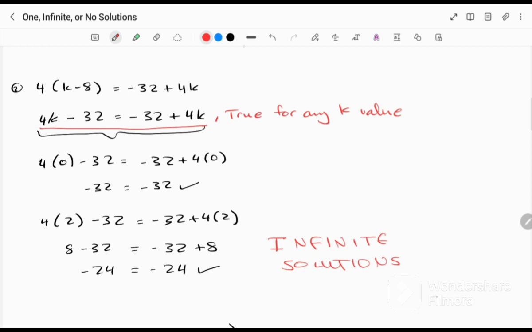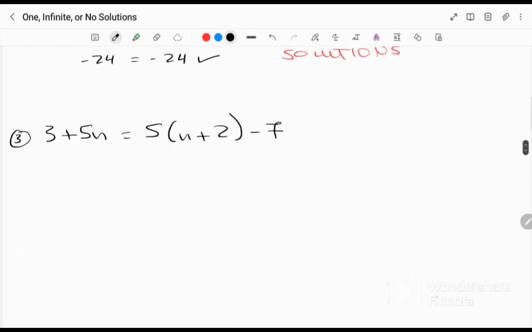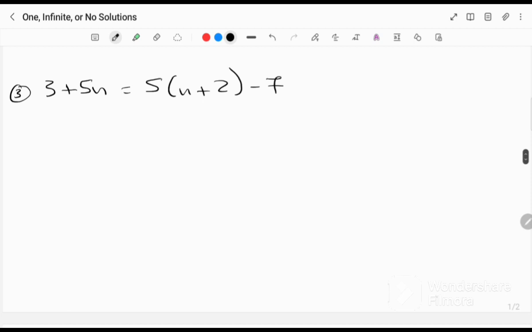Let's go ahead and look at the next example. Here we're given 3 plus 5n is equal to 5 times the quantity n plus 2, minus 7. So we have 3 plus 5n is equal to, let's simplify this, 5n plus 10 minus 7.